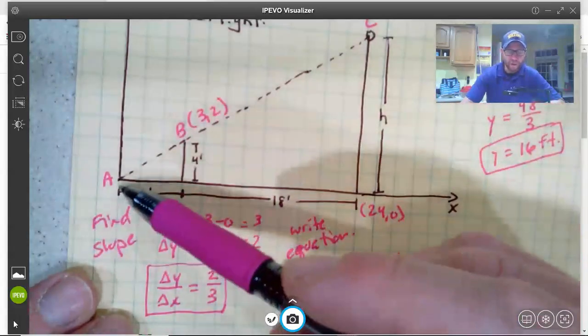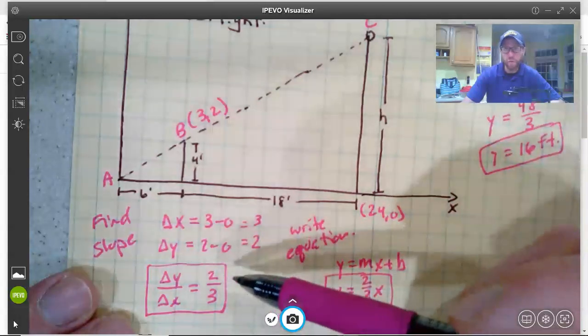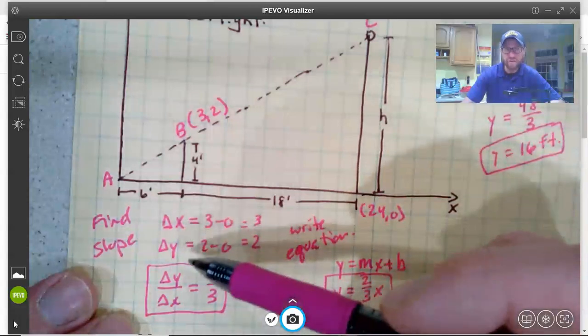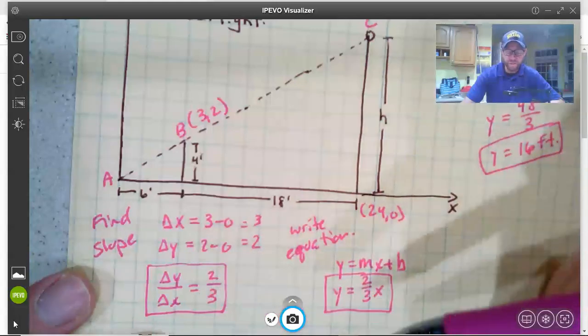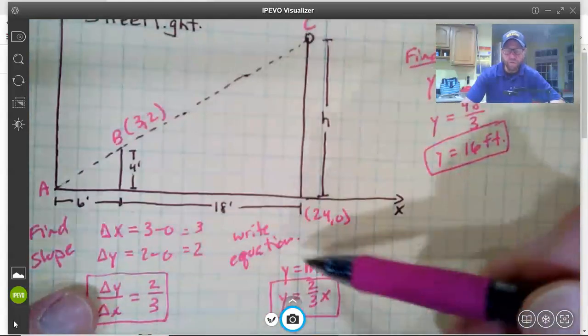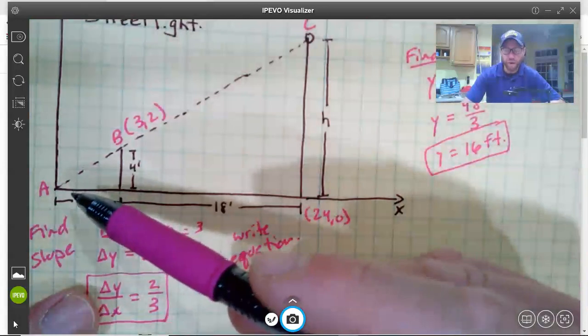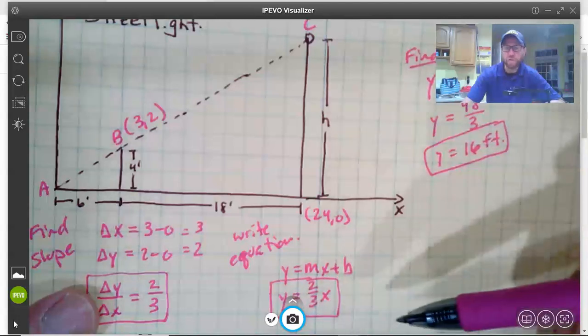So to find the line that passes through A and B, I first had to find the slope from A to B. Remember, slope is end minus start for both change in x and change in y, and the slope ultimately is change in y over change in x. Then, once we had our slope, we wrote our equation. Since I knew the y-intercept, I just used slope-intercept form. I got y equals 2/3 x.